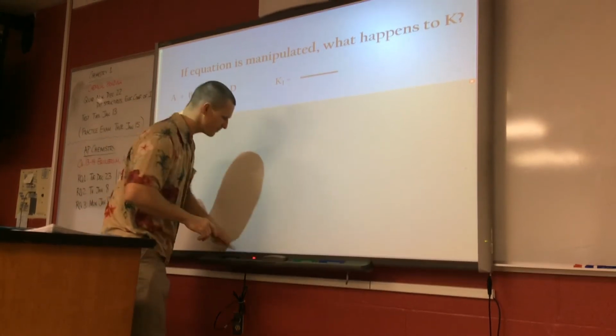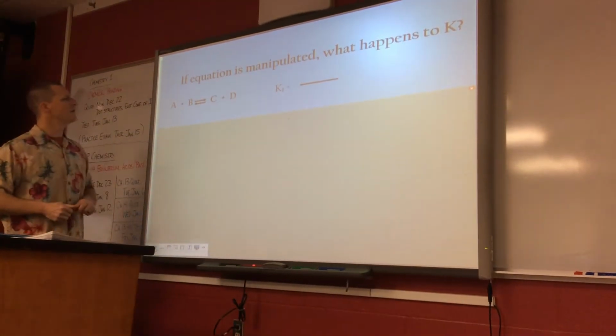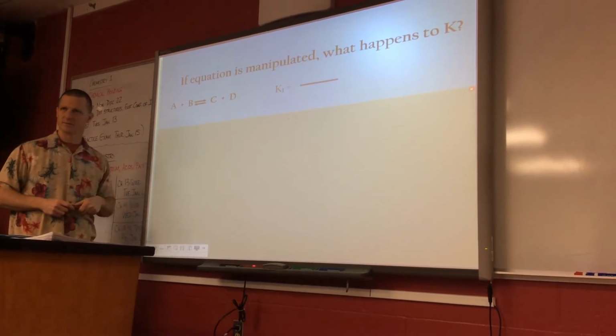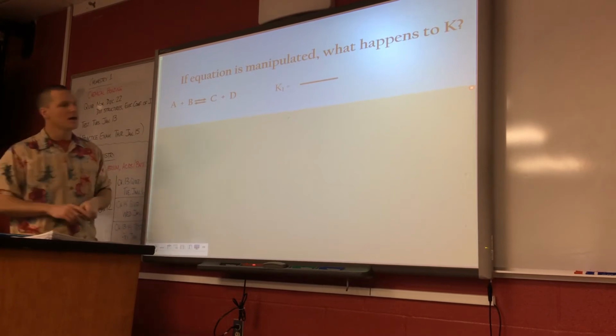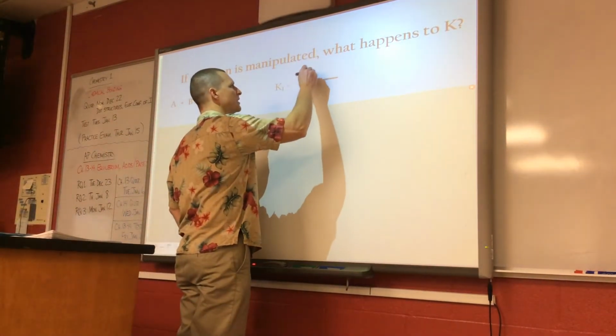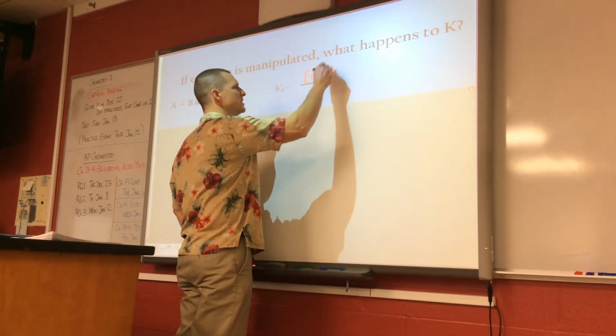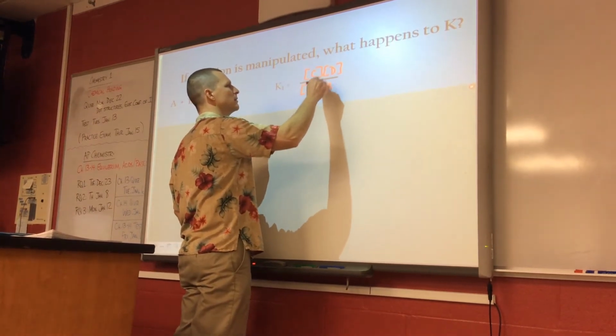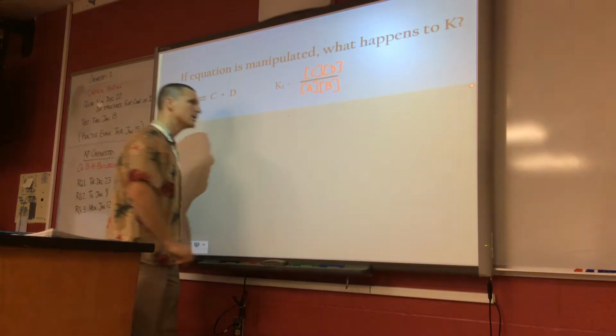If we have this chemical equation, A plus B yields C plus D, and it comes to equilibrium, the K value is the concentration of C times the concentration of D over the reactant concentrations.